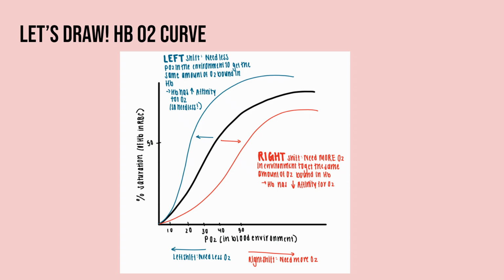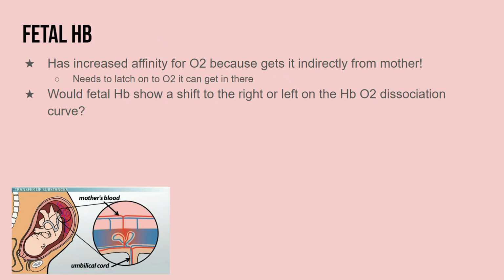So it's the same thing. Okay, so we've talked about this a little bit, but fetal hemoglobin has an increased affinity because it gets oxygen indirectly from the mother. It needs to grab onto it if it can.